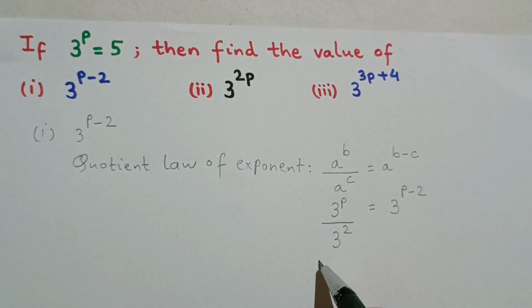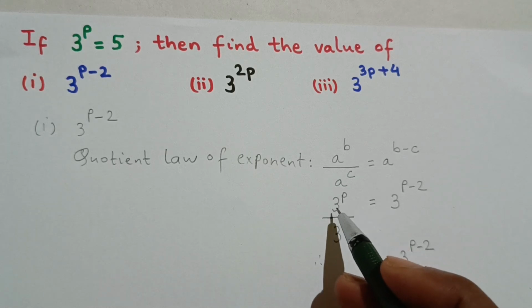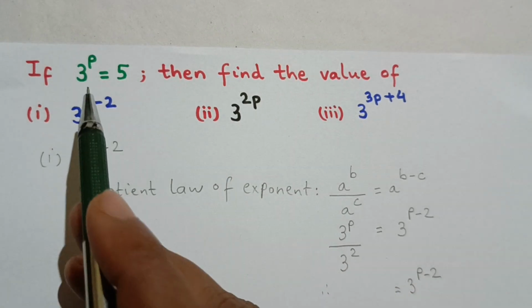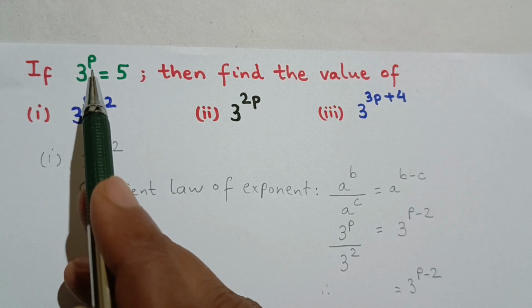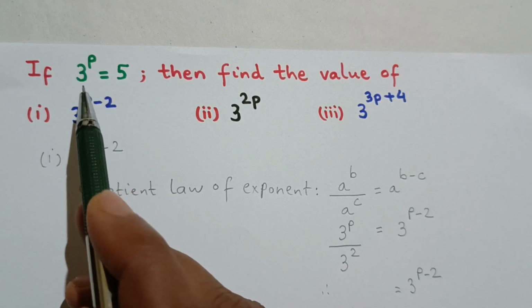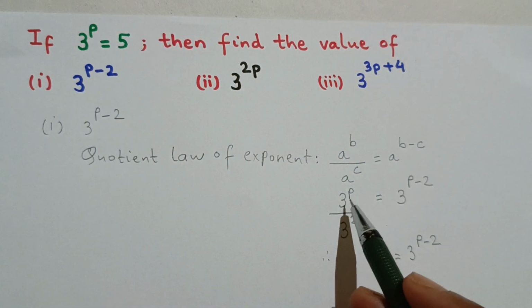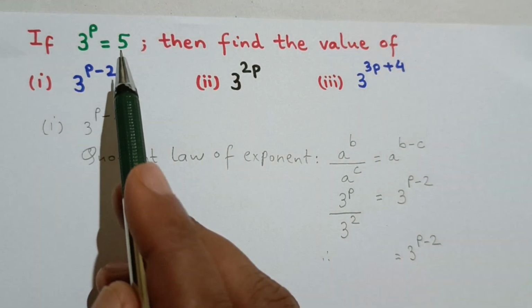So therefore 3 to the power p minus 2 is equal to, now in our question we know that the value of 3 to the power p is 5.